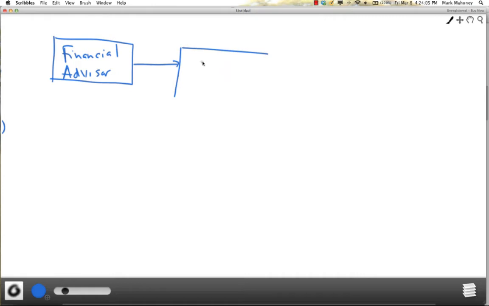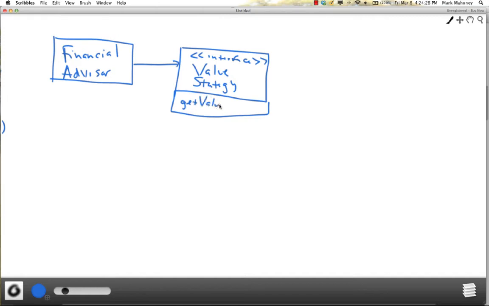And it has a reference to what I'm going to call a value strategy. Okay, and we'll see this. This is an interface. Okay, and the value strategy has a method called getValue.